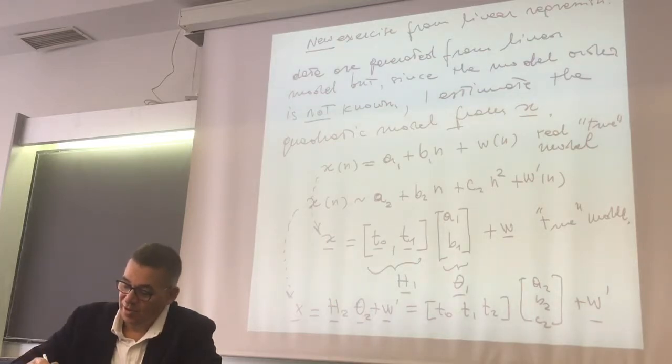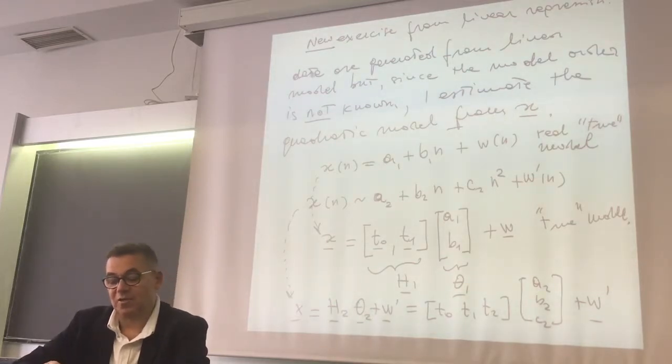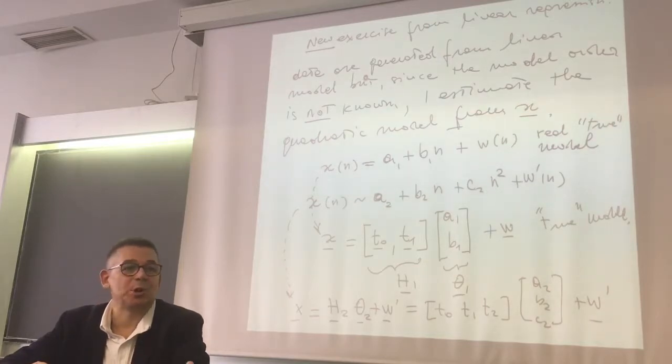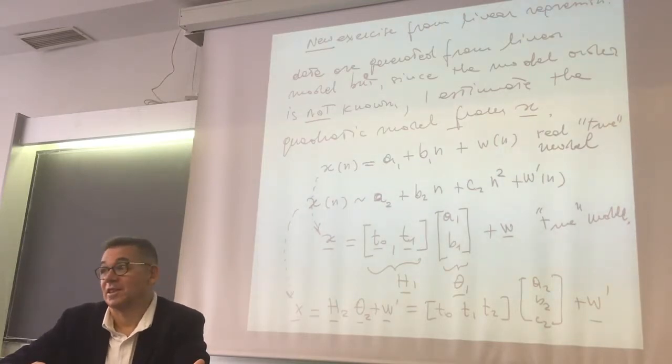Imagine that we have data that are generated from a linear model. But since I don't know the model order, I don't know if it is linear or quadratic, so I estimate the quadratic one. What do I expect?